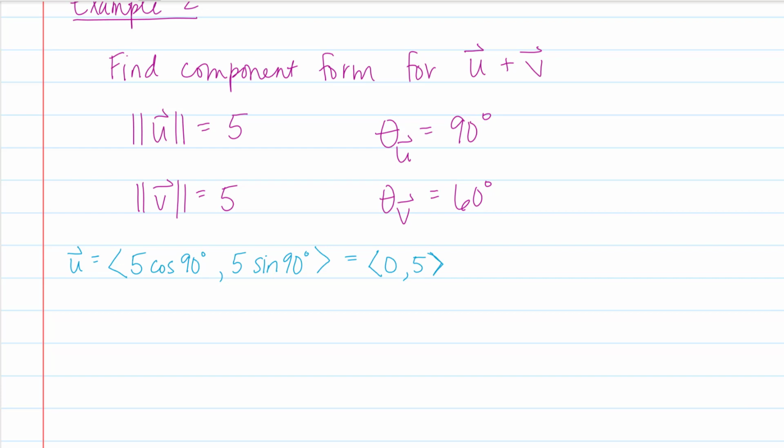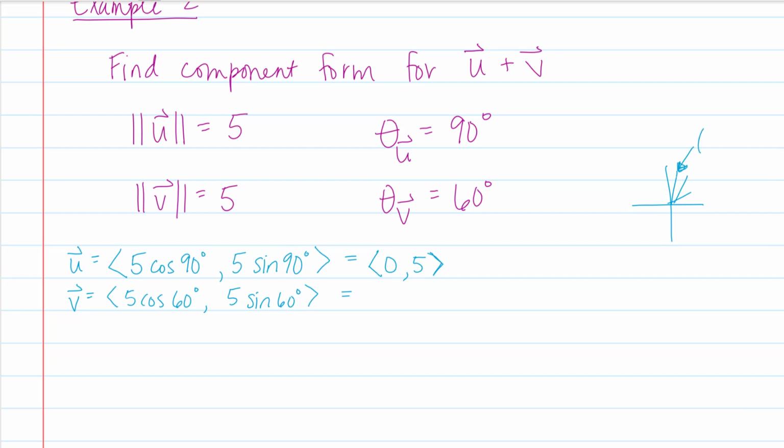Alright, let's look at vector v. So we're going to have 5 cosine 60 degrees and 5 sine 60 degrees. That's this one on your unit circle, right? So what is that ordered pair on your unit circle?